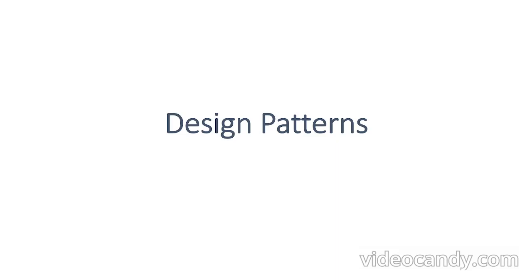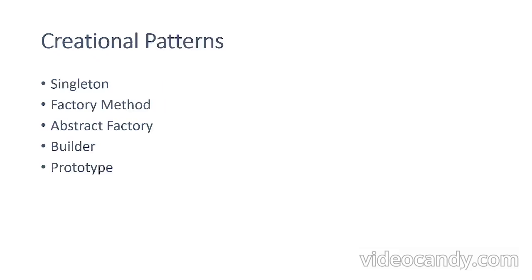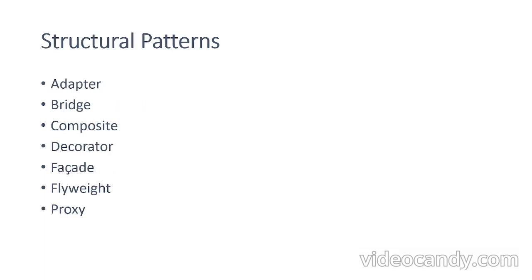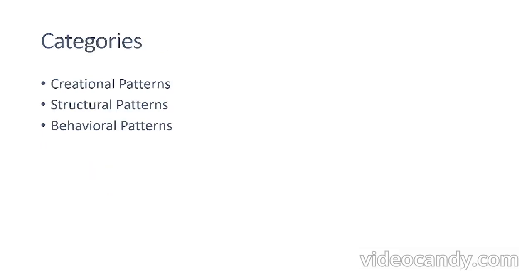Design patterns are divided into three categories: creational patterns, structural patterns, and behavioral patterns. Under creational patterns you have these 5 patterns, under structural patterns you have these 7 patterns, and here you have the behavioral patterns. Why these categories? Creational patterns are related to object creation.